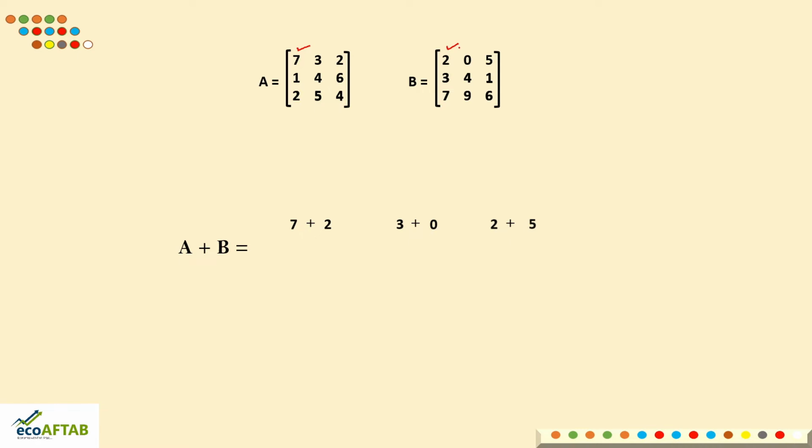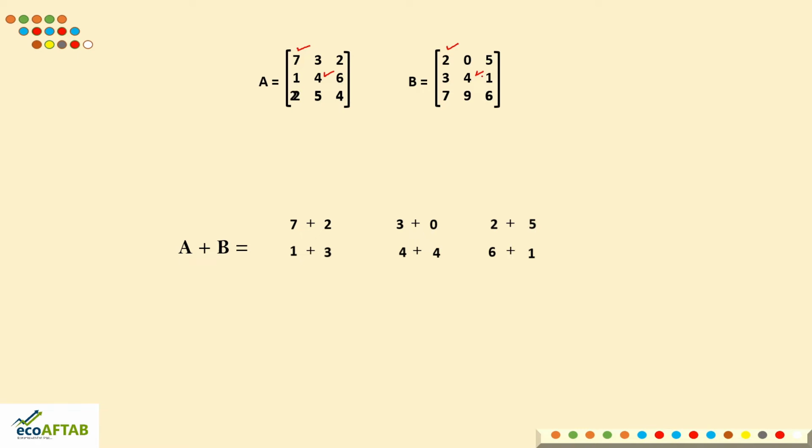Now moving ahead to the next row, 1 plus 3, then 4 plus 4, and next in the line is 6 plus 1.